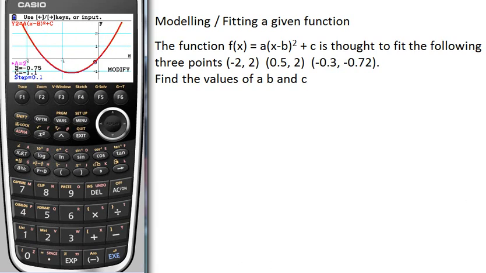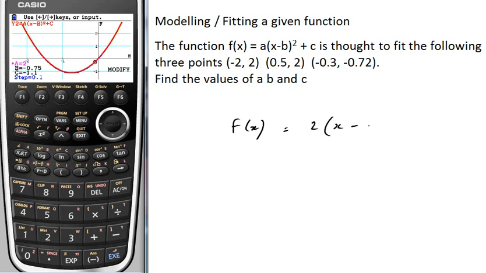So let's put down the information we have. We believe our function f of x is equal to 2 lots of (x minus negative 0.75) squared minus 1.1, and that gives us the value that we've been asked to fit.